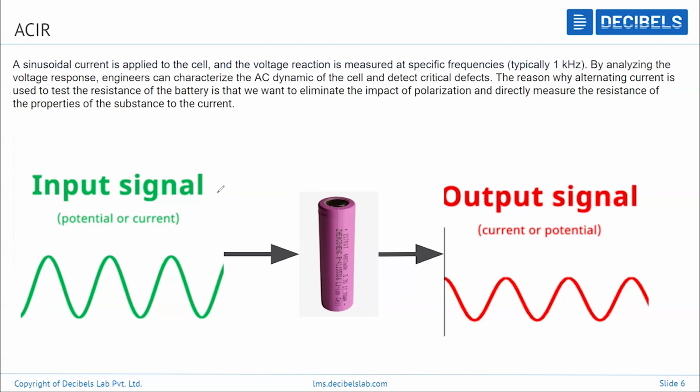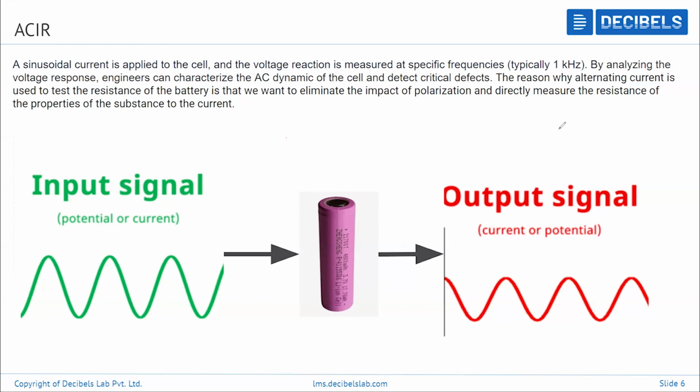But here we are going to provide the AC current at some particular frequency. So by varying the frequencies, the travel of the current and the output is going to vary, right?